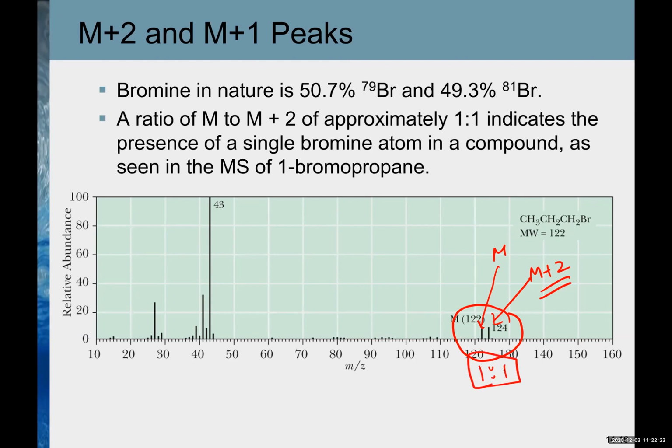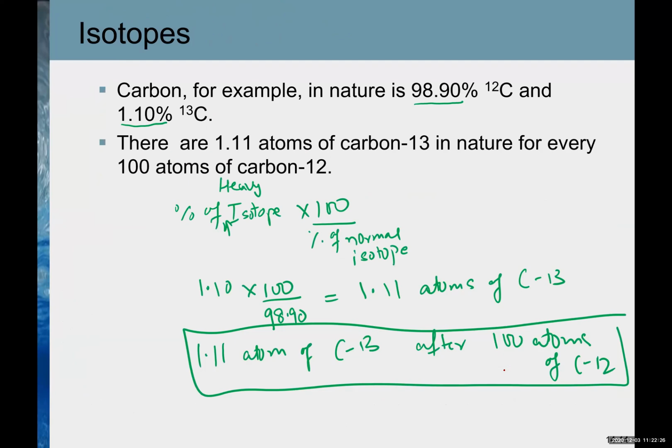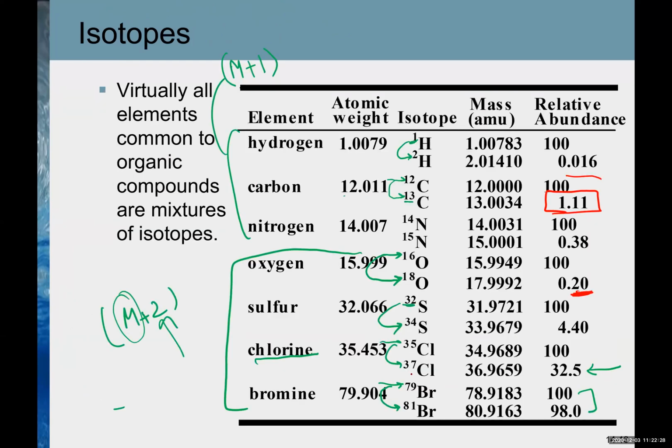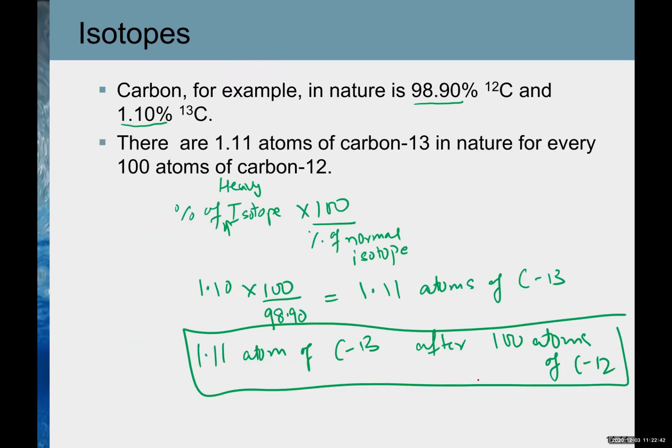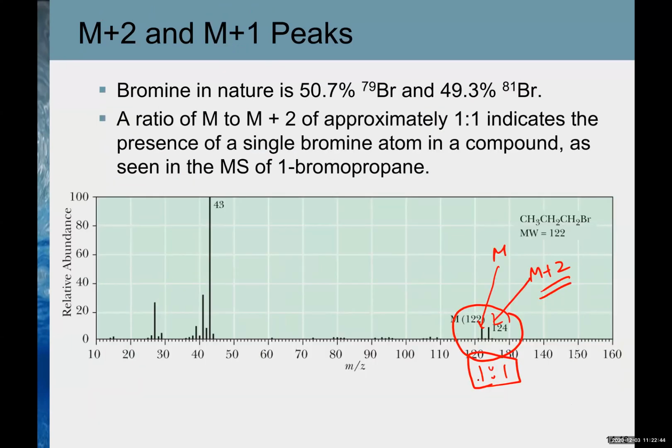They both are almost the same. And the only atom where the ratios are almost the same and they are M plus 2, what is this atom? Bromine. Okay. So whenever our sample has bromine, our molecular ion peak will show M and M plus 2 peaks and their intensities will be almost the same.